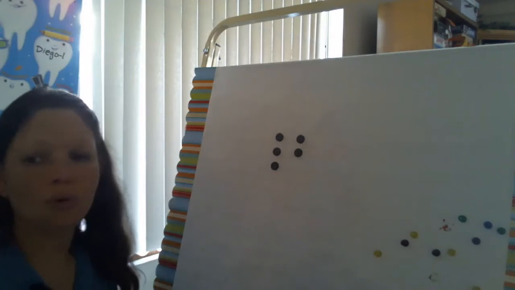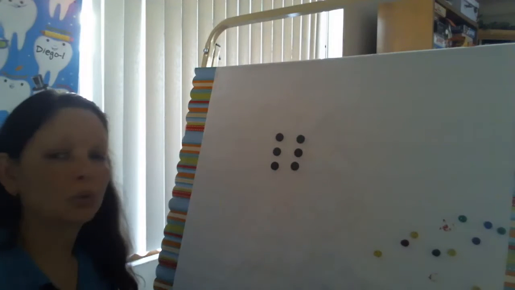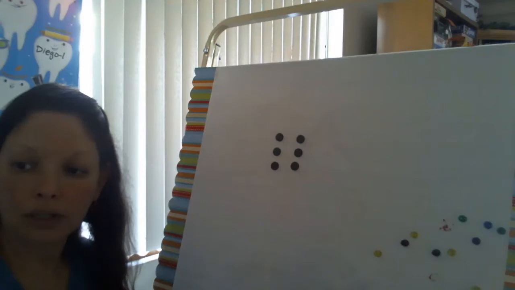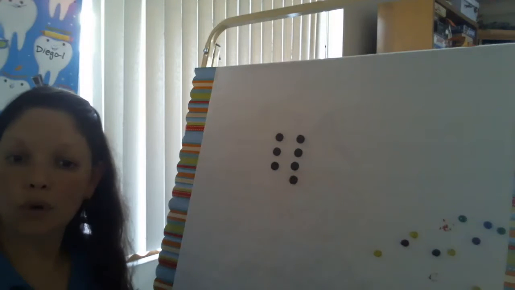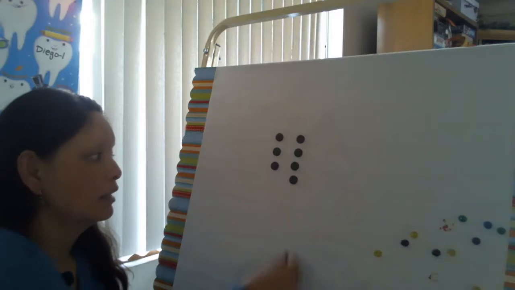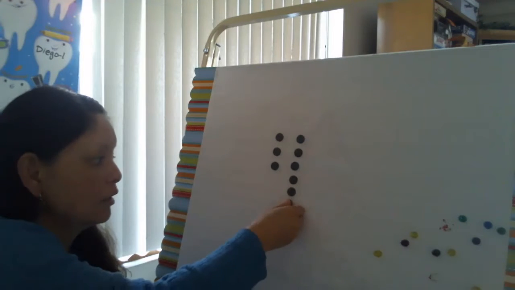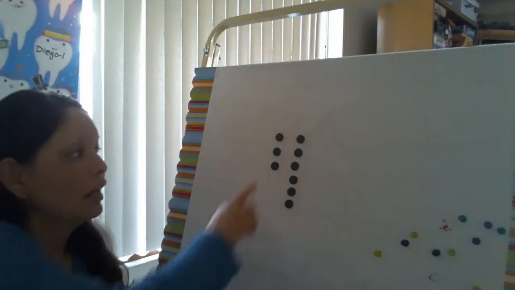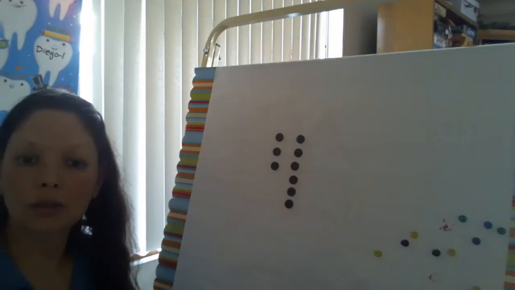Is 2 more than 3? Is 3 more than 3? No, that's equal. How about 4? Is 4 greater than 3? Yes. Is 5 greater than 3? Yes. Is 6 greater than 3? Yes. Any number bigger than this 3 is more.